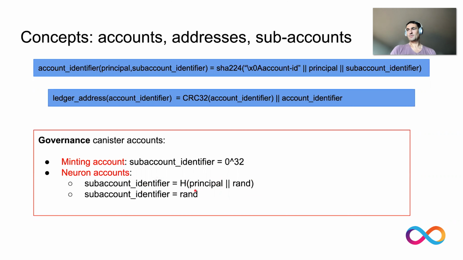And for some other neurons, the sub-account identifier is just a random string. In the remainder of the talk, the minting account will play a role. I just thought I'd mention the neuron accounts so that it's clear that the ledger maintains neuron balances information.